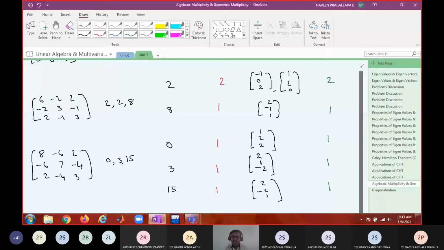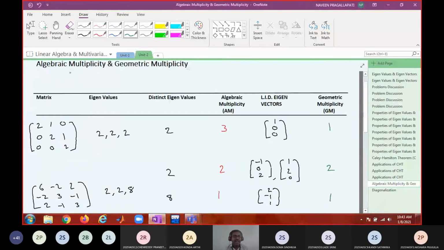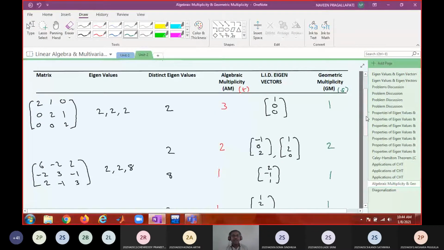Now this algebraic multiplicity is denoted with the small letter t, and this geometric multiplicity is denoted with the small letter s. I'll just write it like this, in lowercase. Now, what do you see in all these three cases?